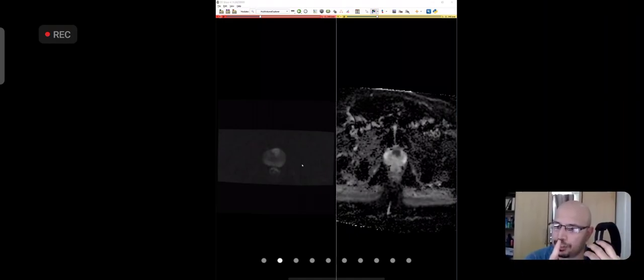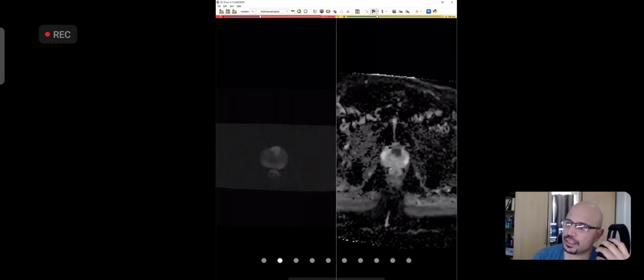When you see mild diffusion restriction, a little bit of gray on the ADC map compared with this, you're right, and that follows what you're saying here on this final image: this is bright and this healthy tissue is dark. I admit there isn't much difference between these.